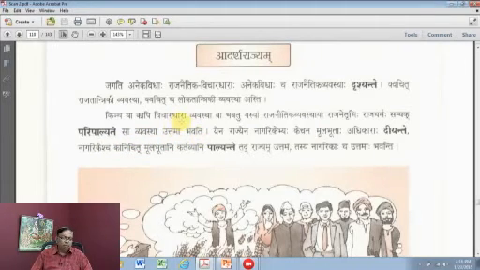So it says, kimcha, moreover, yakapi vicharadhara vyavastha, whatever may be the system of thinking, bhavatu, it may be, yasyam rajanitika vyavasthayam, in which political setup. Rajanetrubhihi means by politicians, Rajaneta is the root word, by the political leaders.